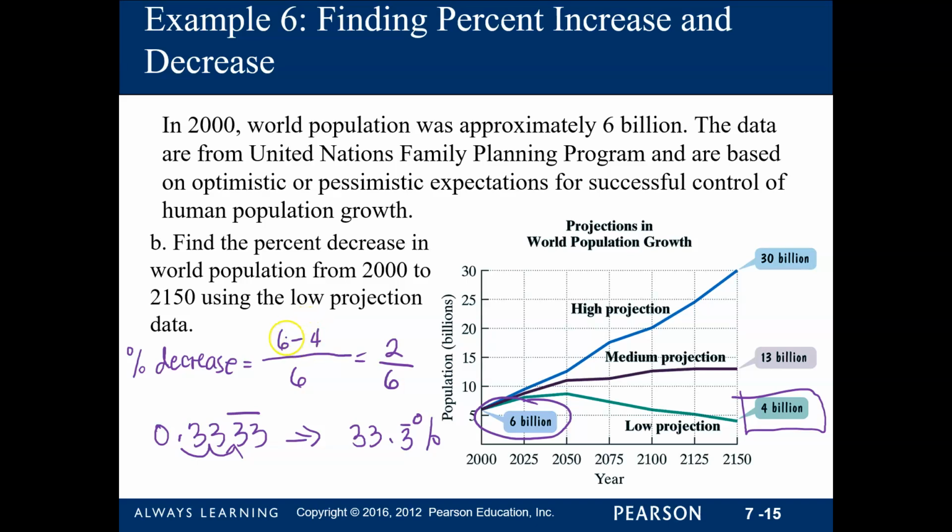We just want to make sure that it's always the bigger value minus the lower value, so that our difference will be positive. And like I said, it's a percent increase, percent decrease. We just want to see the difference of the two values compared to the original value. And that's it. Thank you very much.